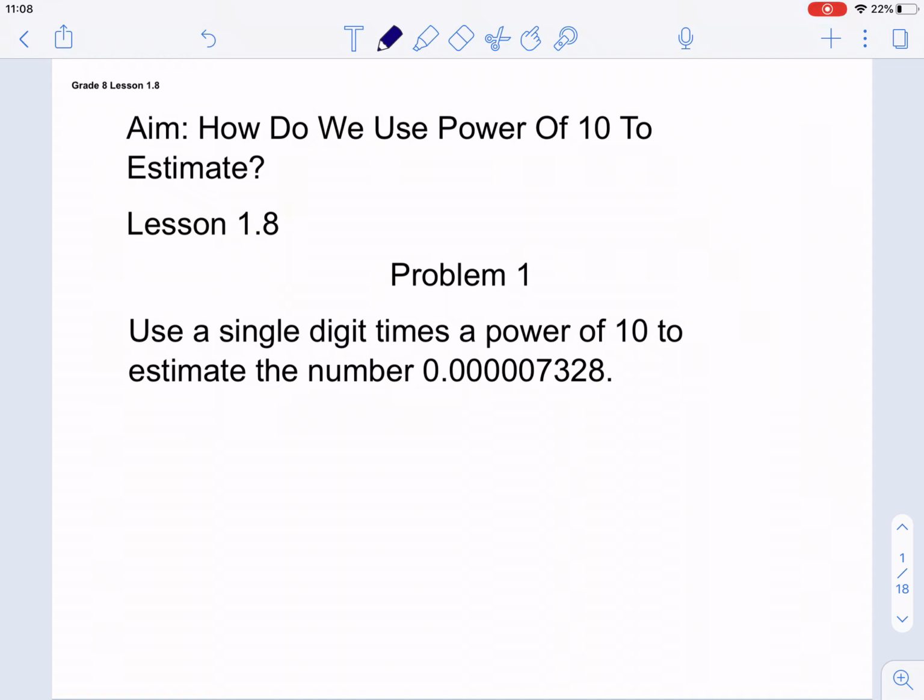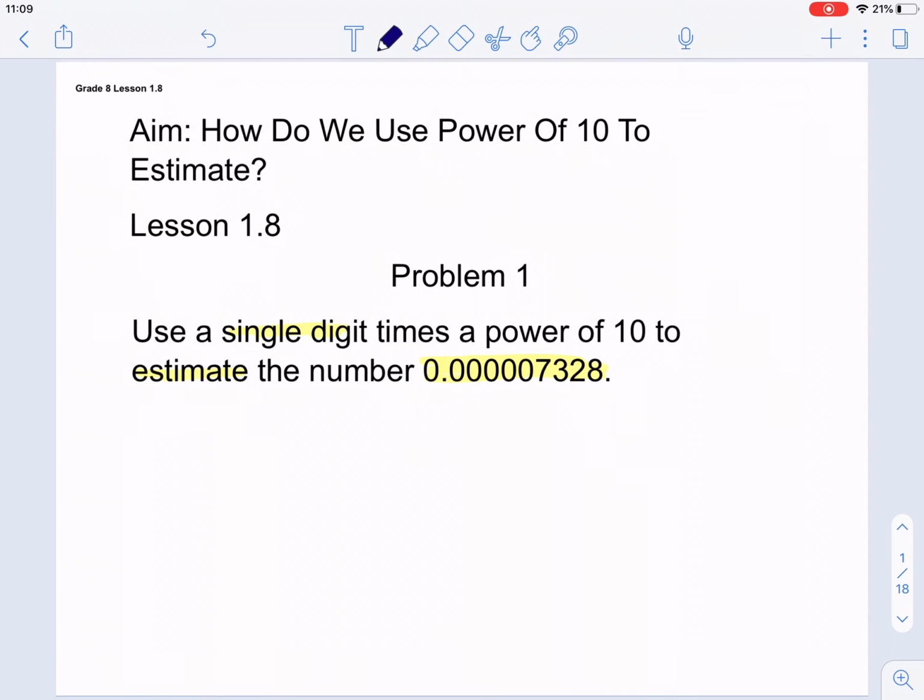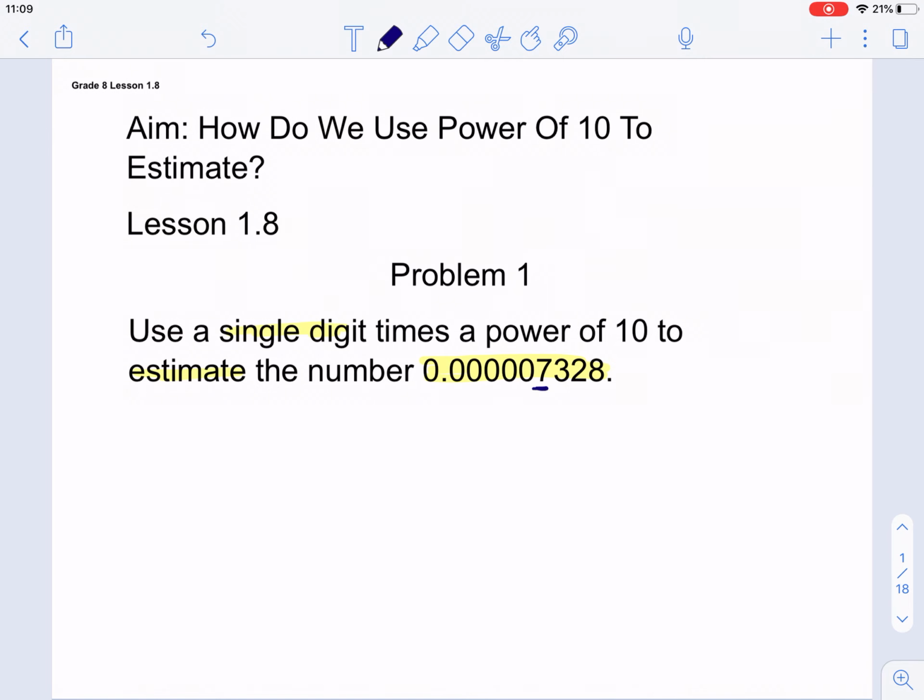The first thing I have to do when I use a single digit to estimate a number is round the number that I'm given. I'm going to round it to my first non-zero number, which is this 7.